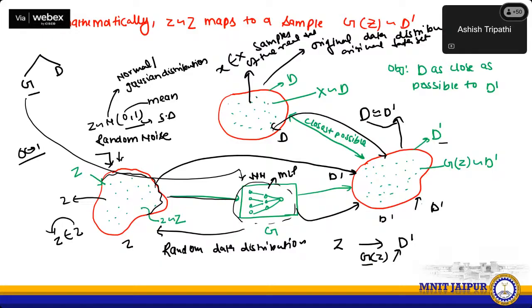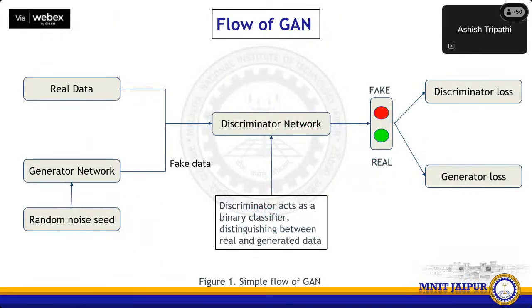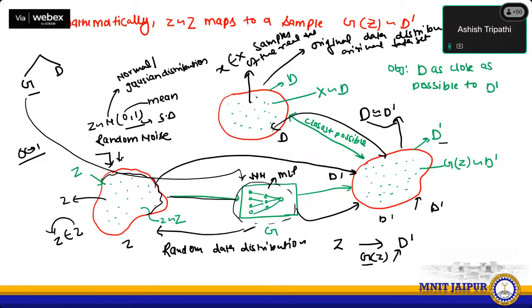Got the point? So, coming to the overall flow of the GAN, this is the intention of the generative network that I have discussed.